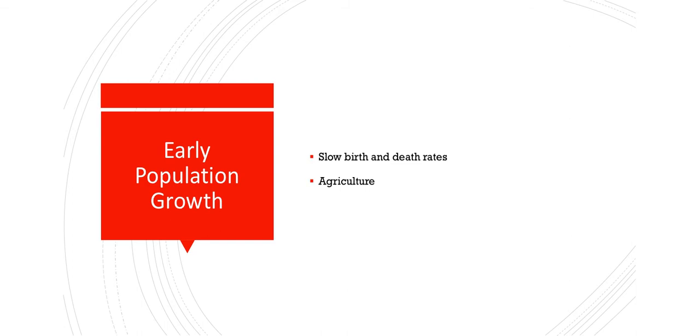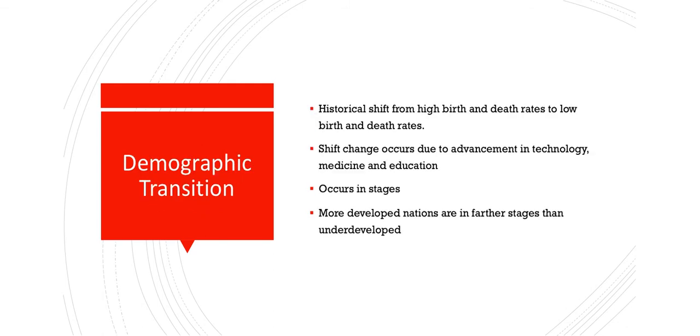And then eventually there becomes this sweet spot where we really start to expand and grow at an exponential rate. So when was that historical time frame where we actually went from this slow population growth to this really bustling population growth? This is called a demographic transition.